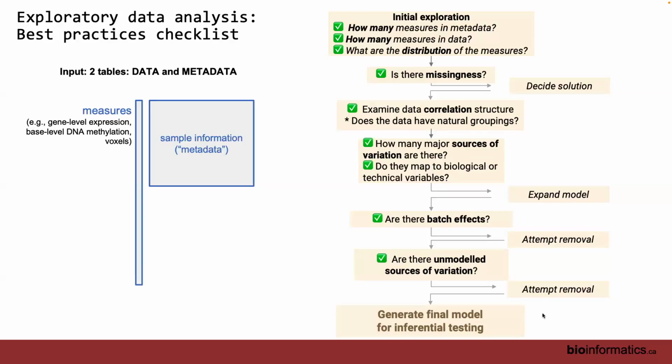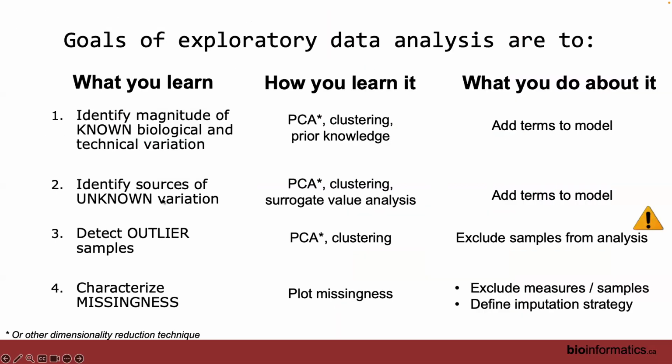So here's a little best practices checklist for exploratory data analysis. This assumes you've got 2 tables for a data set. The one is measures, and it's a long, skinny table because you're doing 20,000 measures in, I don't know, 50 samples or something like that.